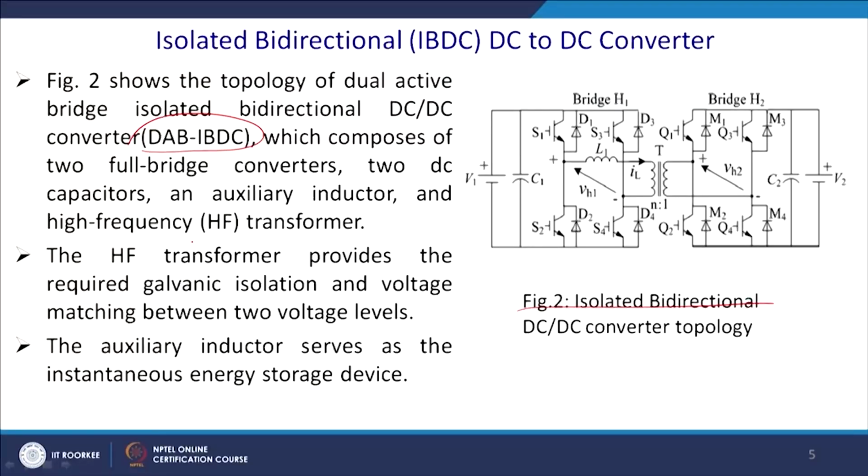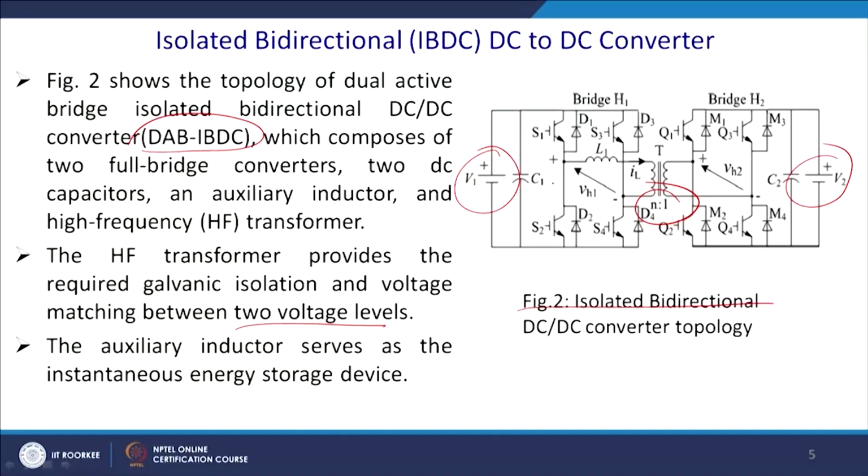The HF transformer provides the required galvanic isolation, which is required to protect the input from the output and vice versa, and voltage matching between the two voltage levels. And also if this ratio is very high, around 10, then control becomes very difficult with a non isolated DC to DC converter, because you may have operation only in a very small region, and thus you may need to transfer some of the burden to a ratio.